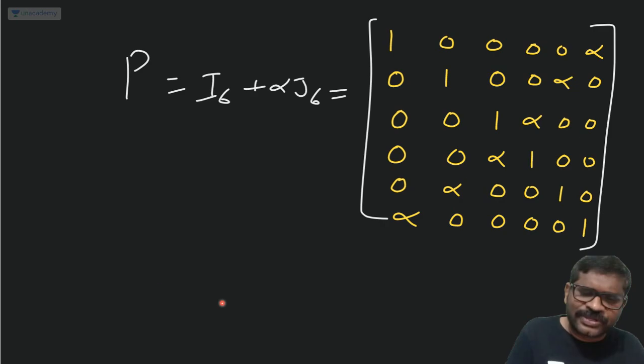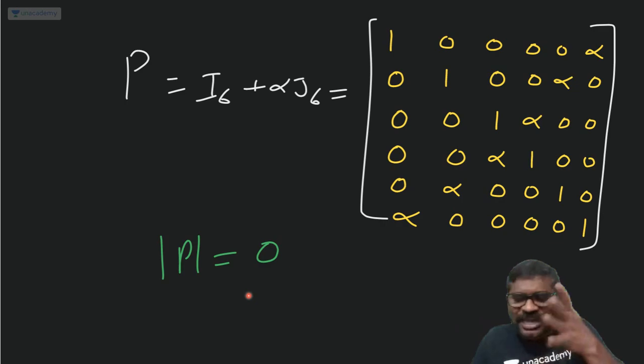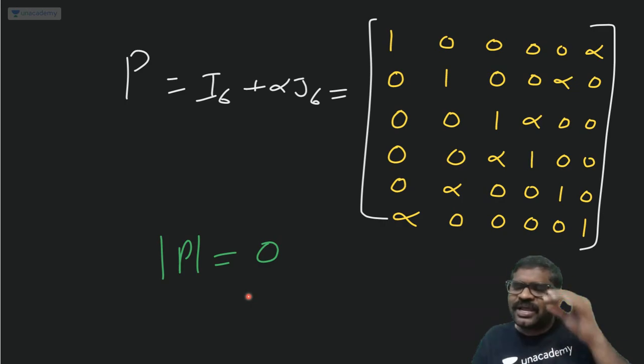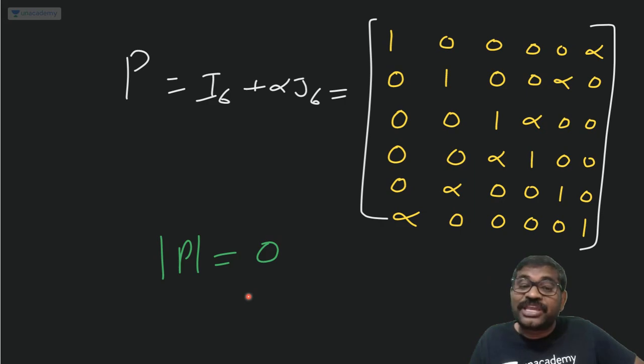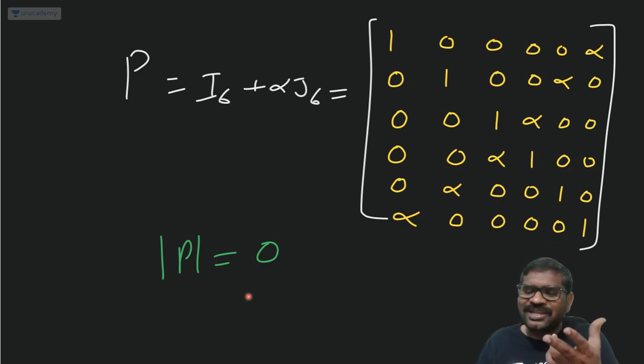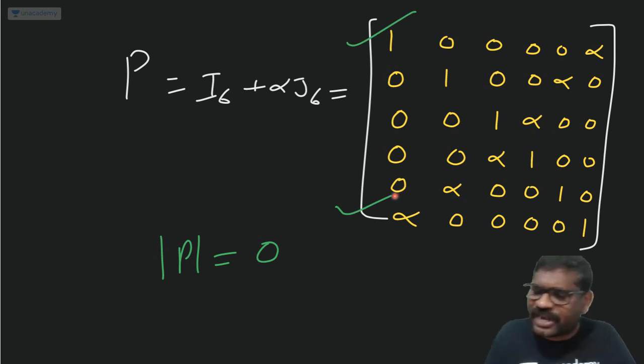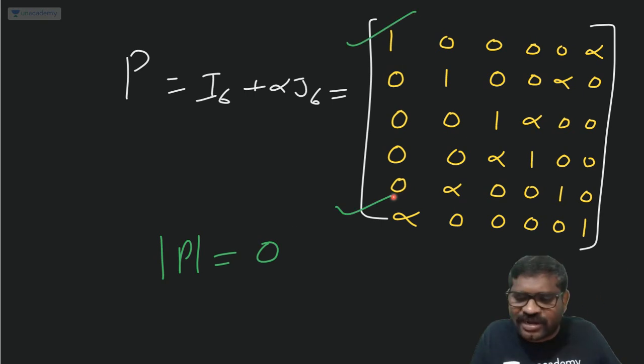Now observe, the determinant value of P equals 0. It is not my assumption, they have given. In which case is the determinant value of P equal to 0? If two rows are identical, the determinant is 0. Suppose the first row and last row are identical, then the determinant value is 0.